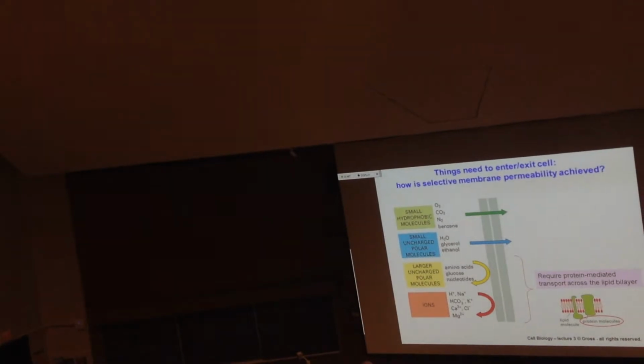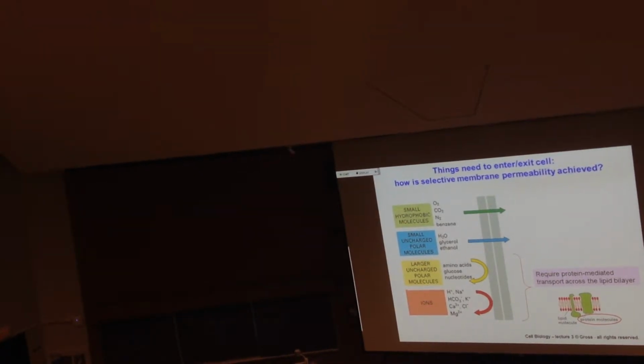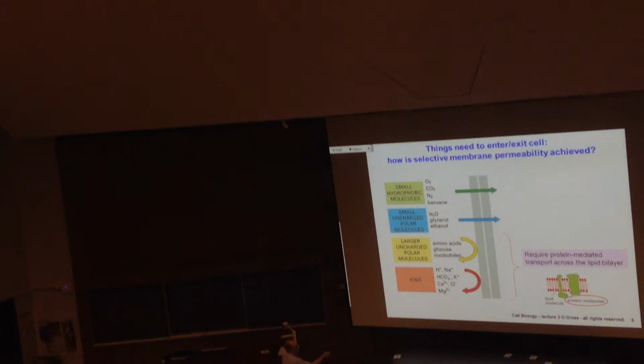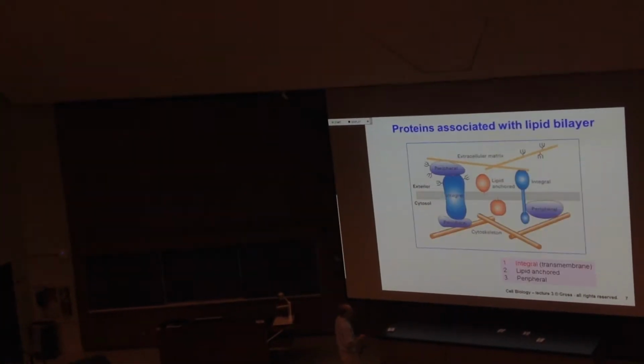Okay? And the way you do that is you have integral membrane proteins that cross the membrane and create some sort of interior space so that molecules can go through the proteins and not be exposed to the lipids. Okay, so we're going to discuss what the properties are of a protein that's going to get embedded in the membrane.